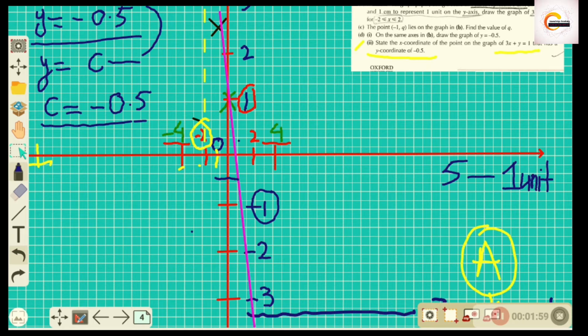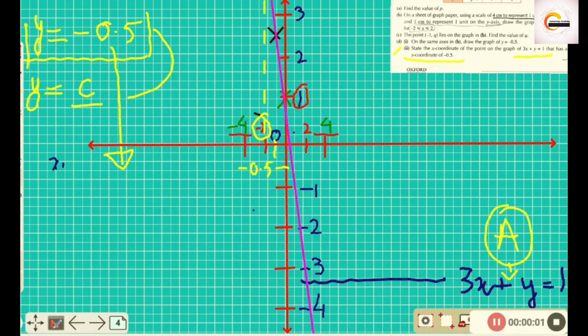This is our minus 0.5. Our required line is going to cut the y-axis at this point, right? And this line is going to be a horizontal line. So this is our required line whose equation is y is equal to minus 0.5.